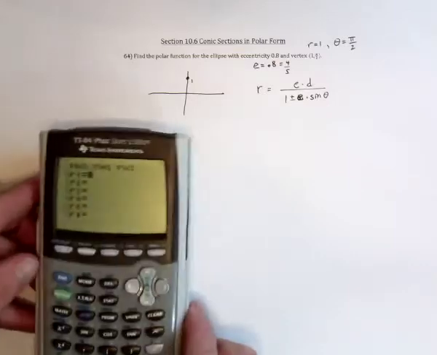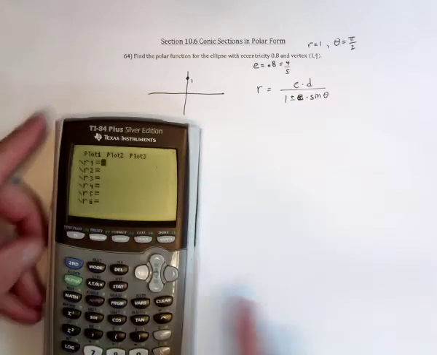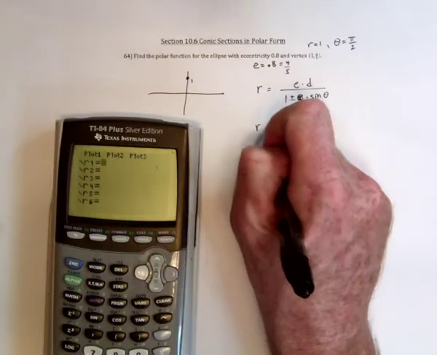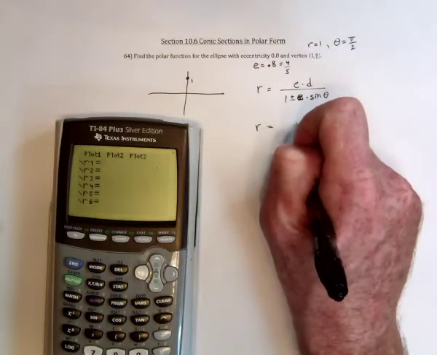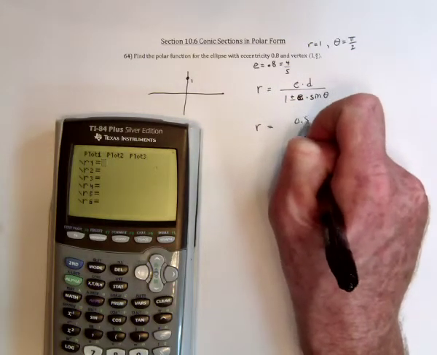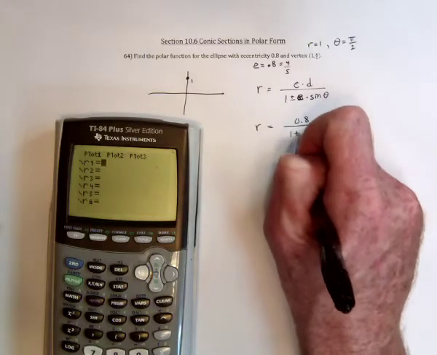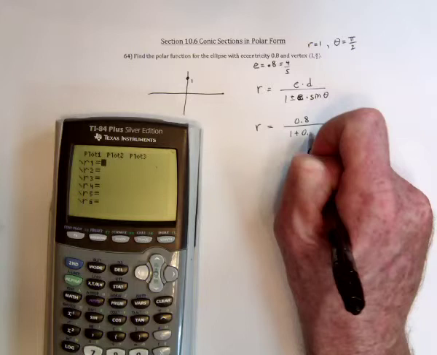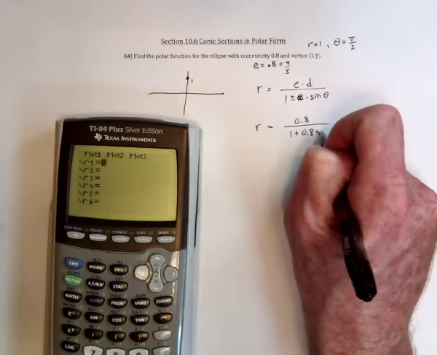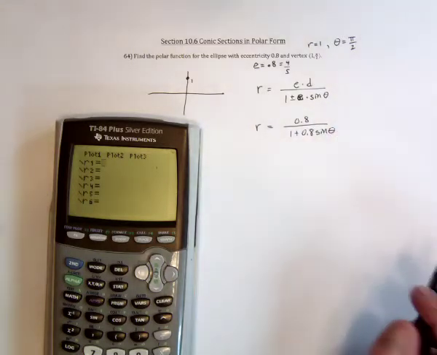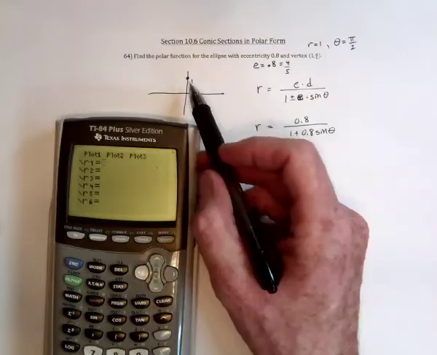So, in polar form, I'm going to start with e is 0.8 or 4/5, and I'll try 1 plus e sine of theta, and then see if that goes through that point.